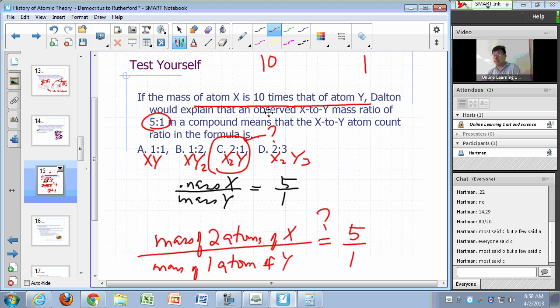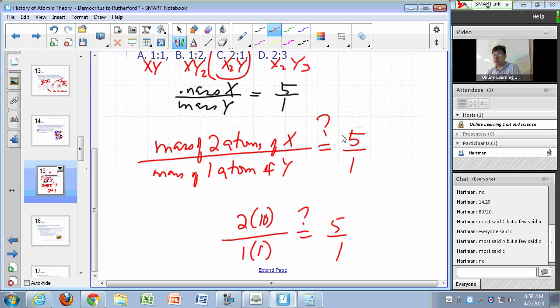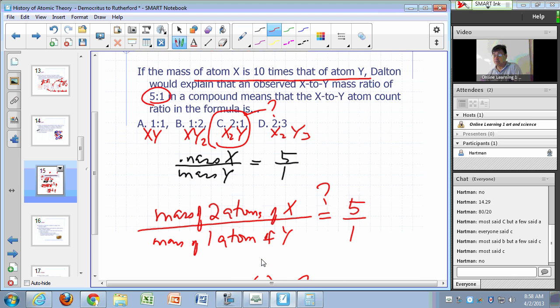Remember, X is 10 times more massive than Y, right? So mass of X is 10, the mass of Y is going to be 1. So 2:1 is not going to be correct because mass of two atoms of X would be 20 times heavier than mass of one atom of Y. So it's not C. So what is it? Okay. So it's not C.